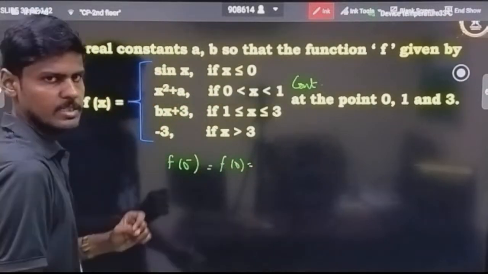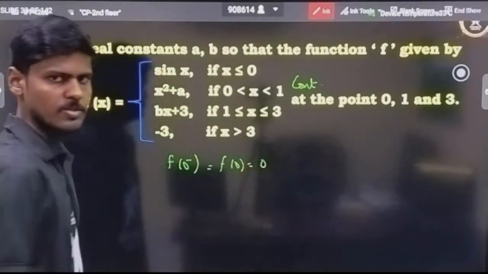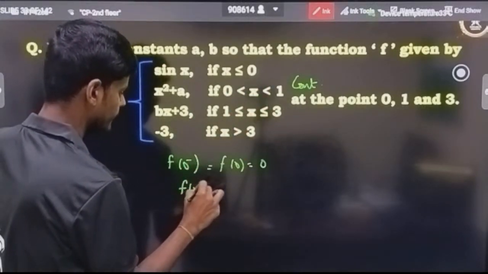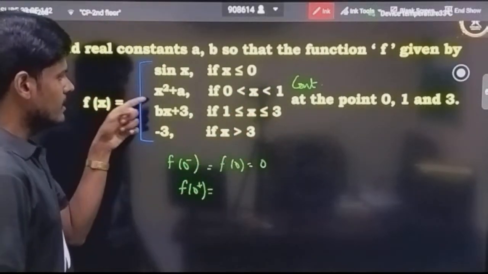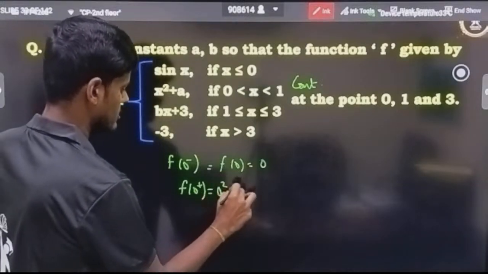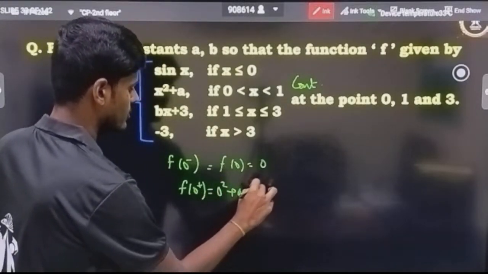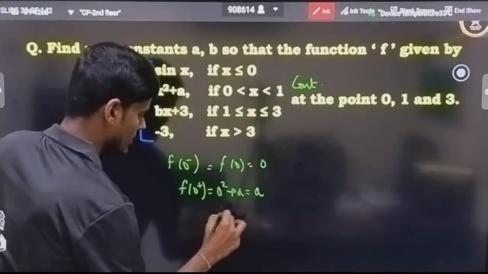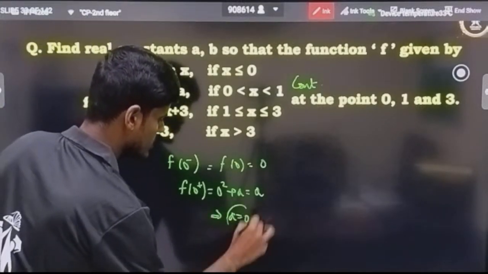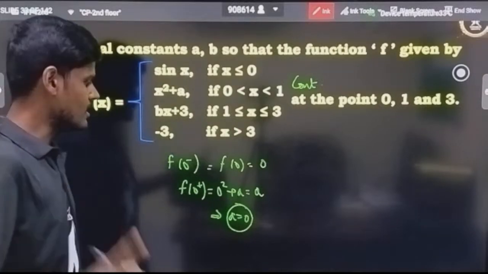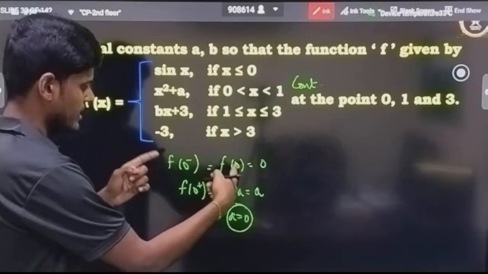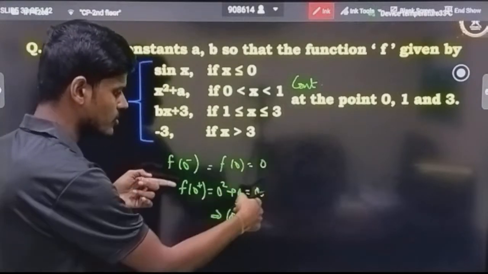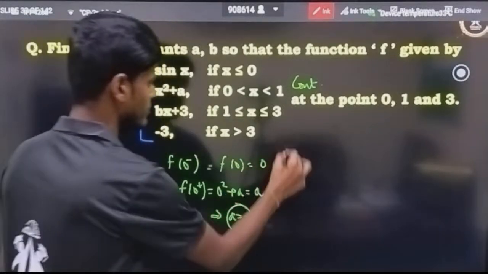That will be sin of 0 which is 0. Now what is right hand limit? 0 plus will be 0 square plus a, that is equal to a. As these two values should be equal, a should be equal to 0. Clear? Left hand limit equal to function value equal to right hand limit. That means a is equal to 0.